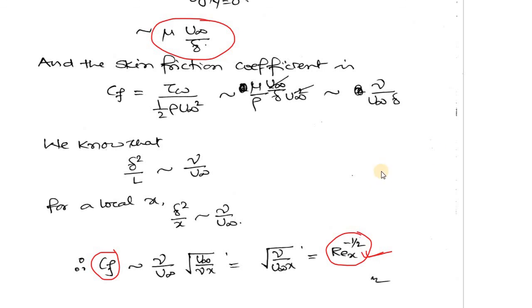In problems involving fluid dynamics, whenever you find the coefficient of skin friction, you will see that you find some square root of Re into Cf equal to some quantity, for example f double dash equal to 0, and so on. So this is the scale factor for the coefficient of skin friction.